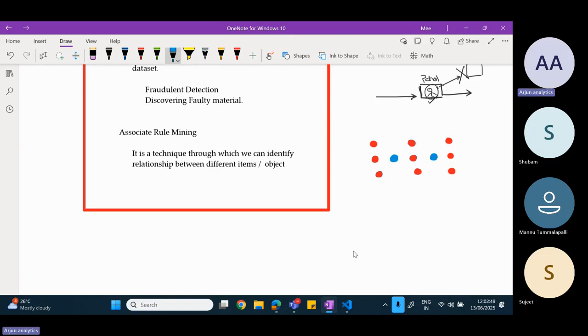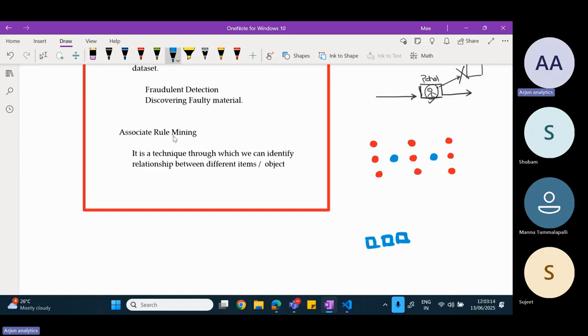You can see it in the supermarket. All the jam bottles are kept at one place. This is understood because all are jams, so if a person finds one finished, they will take another.